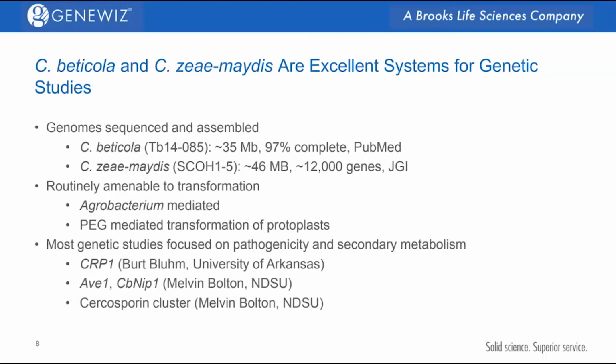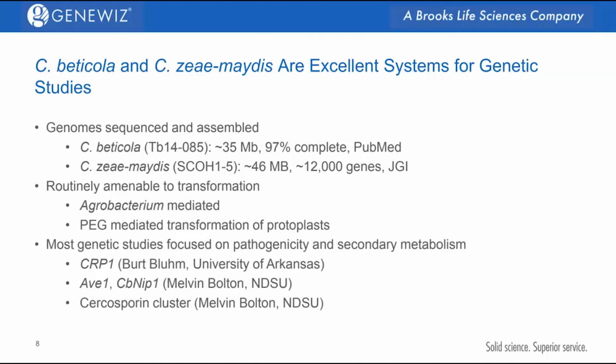However, most of the genetic studies focused on these two Cercospora are on pathogenicity and secondary metabolism. In my previous lab, working with Dr. Burt Bluhm, the role of CRP1 was dissected in Cercospora zeae-maydis, and in Cercospora beticola, most of the genetic studies focusing on virulence are on the genes ADE1 and Cercospora beticola NIP1.